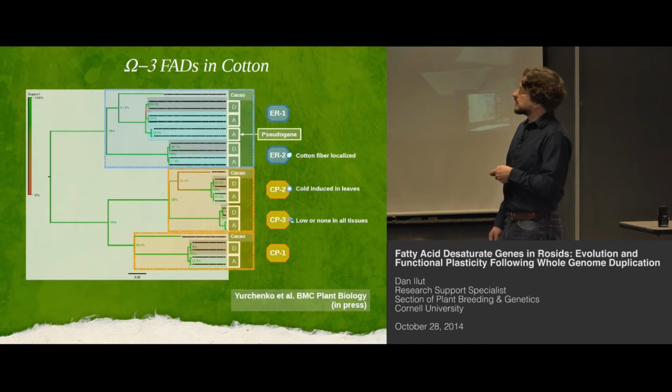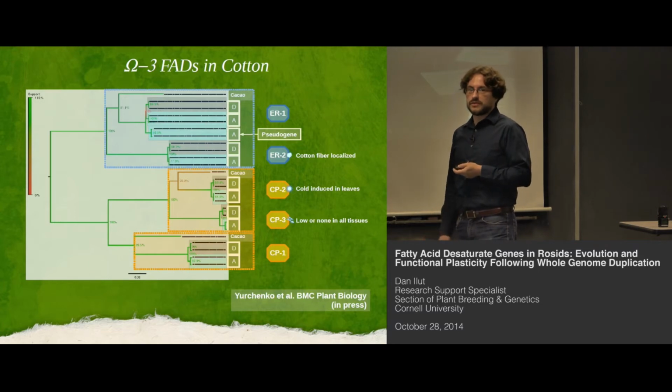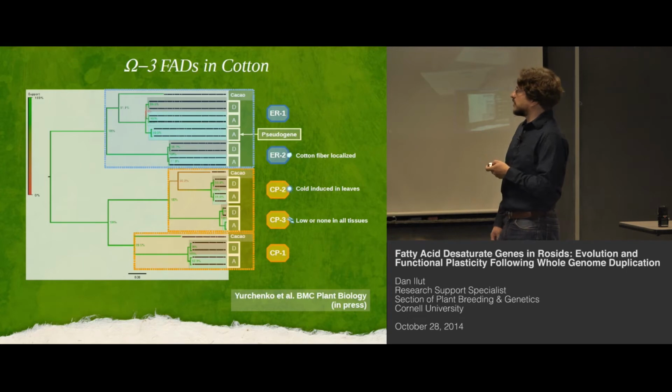We found this copy that's cold induced in leaves, and this other copy that has fairly low expression in all the tissues that we've sampled. And these two copies out here without a label are constitutively expressed. So they're basically the basic functional copies of the gene that encode for the two necessary enzymes.